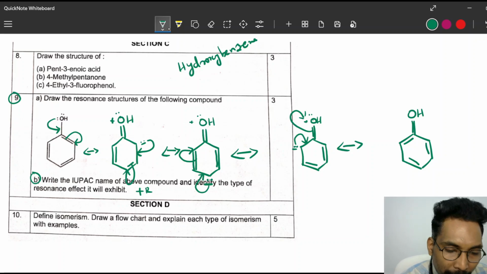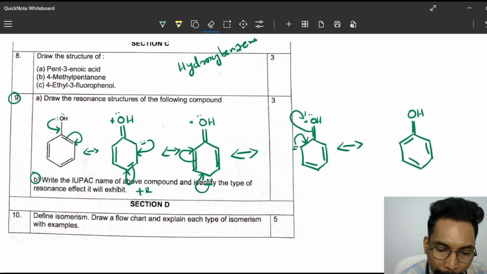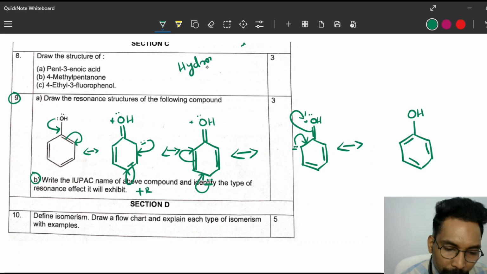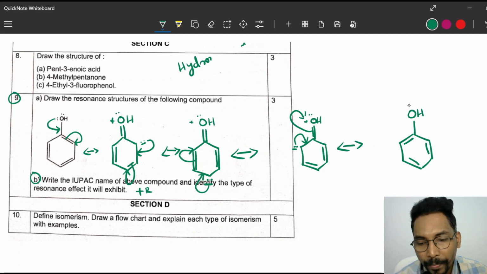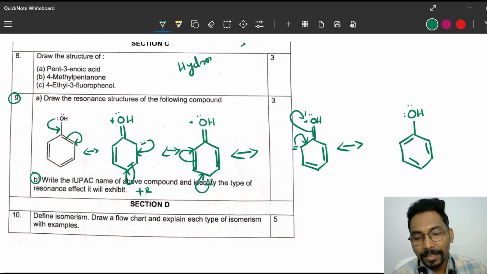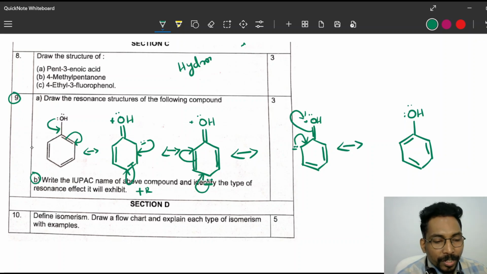Okay, and just wait. This double bond will not be there. Yeah. Okay. That's it. See what is the difference between the first structure and last structure?